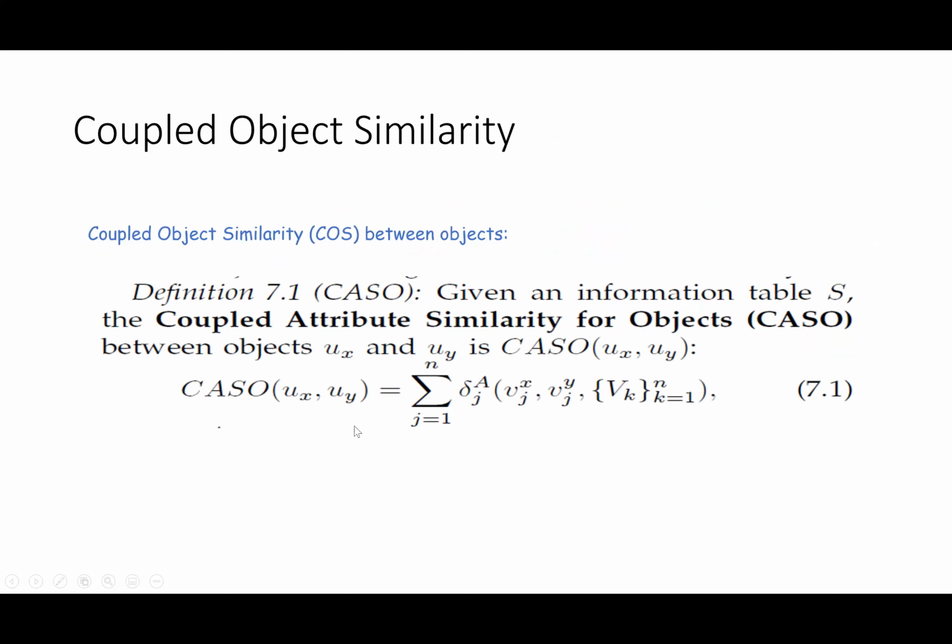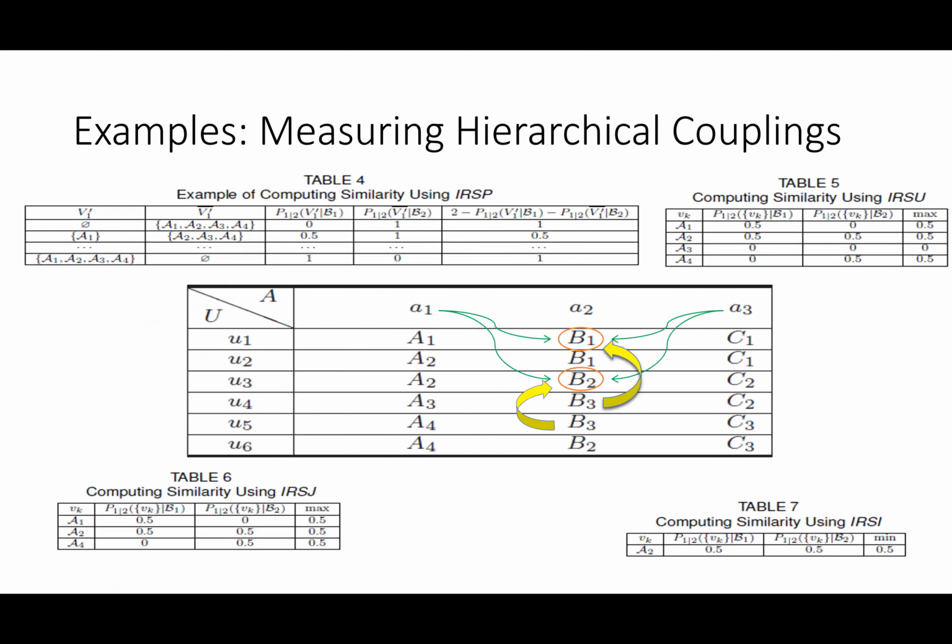And that can be rolled up to measure the similarity between two objects, u x and y, which hold the values X and Y respectively, right? You could have a simple way like weighted sum, multiplying, or averaging, different ways to roll them up, right?